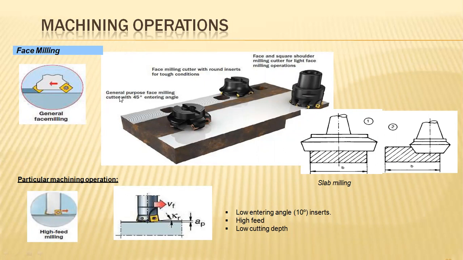See here, the general purpose face milling cutter, which utilizes a 45 degrees entering angle, and the face milling cutter with round inserts for getting tough conditions. Particularly, these face and square shoulder milling cutters are used for light face milling operations. Particularly this is called a slab milling process.